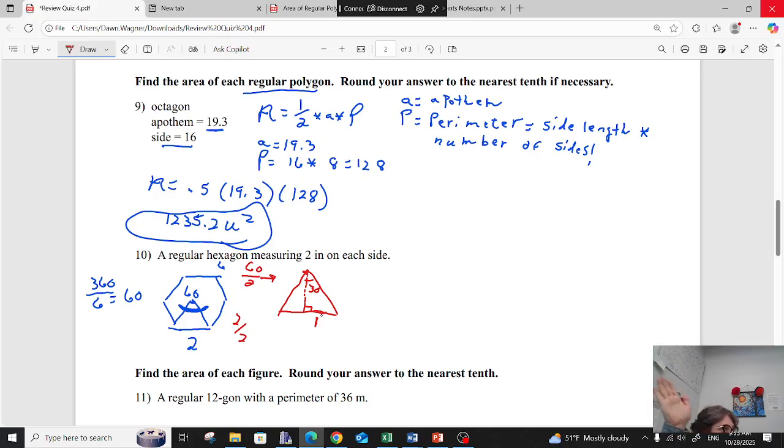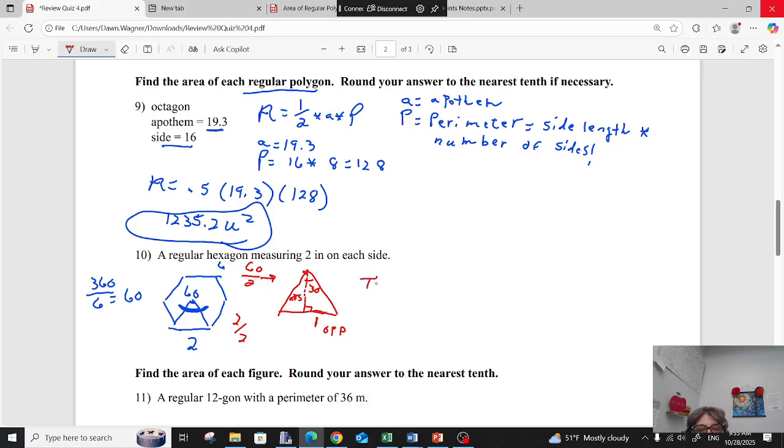To find the apothem, I could use trigonometry, or in this case, I could use special triangles. Either way works. What do you want me to use? Trigonometry. So this would be opposite, this would be adjacent. If you did your homework assignment, you would notice you're using the same trig function the whole time. What was the trig function you're using? Tangent.